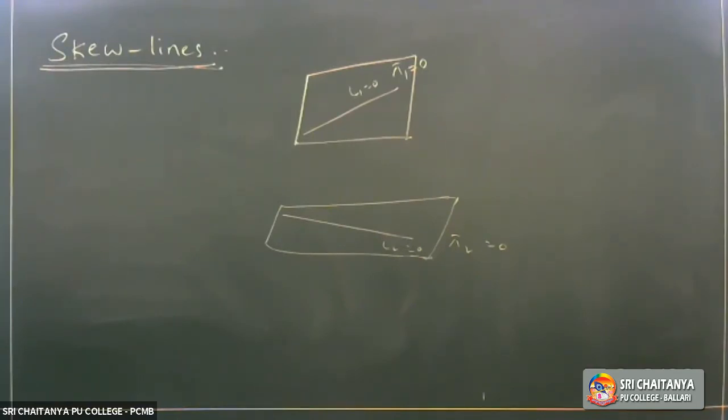The lines which are neither parallel nor intersecting are called skew lines.